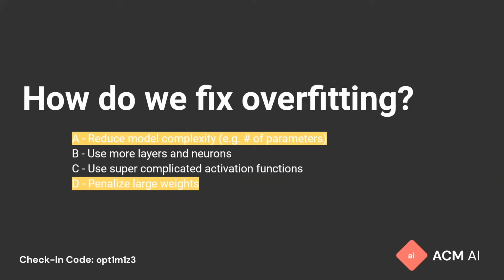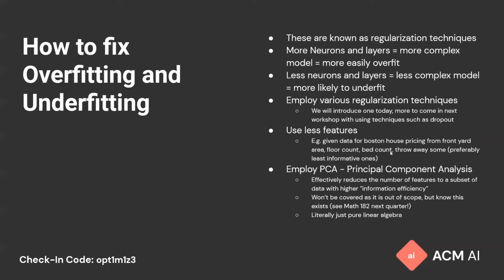But as we saw earlier, that might not be what you want. So you can simplify your model a bit to prevent it from getting to that specific level. D, penalize large weights, we'll actually see next, can also help with overfitting.